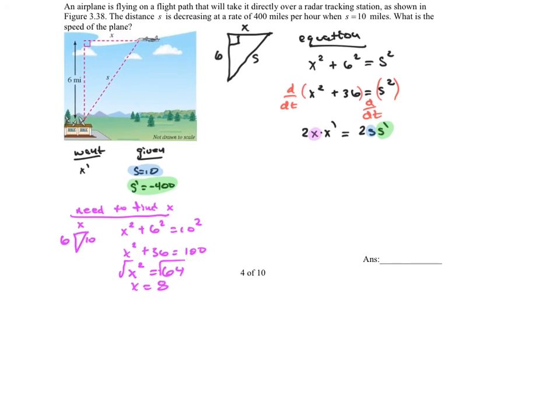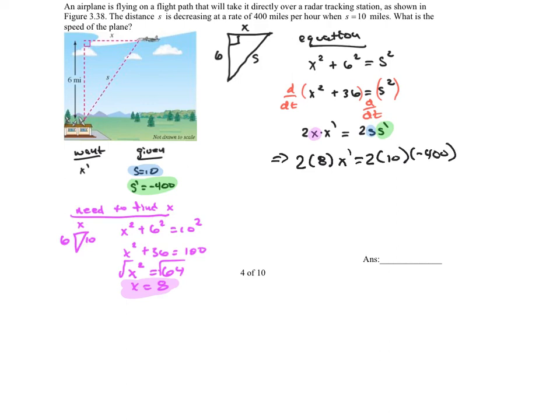Now that we've solved for x in that specific moment of time, this is not what x always is, just that specific moment, we can go back to our equation and plug it in. So I'd have 2 times x, which was 8, times x prime, equals 2 times s, which was 10, times s prime, which was negative 400.